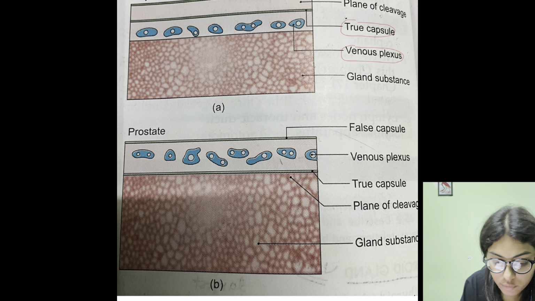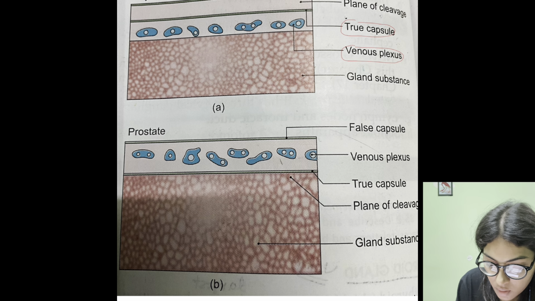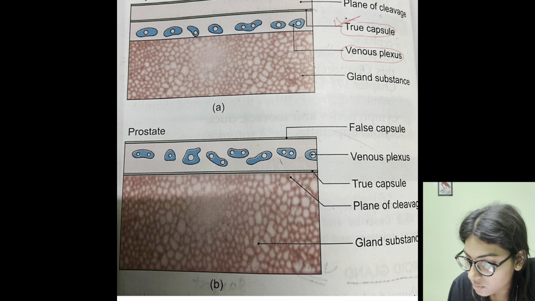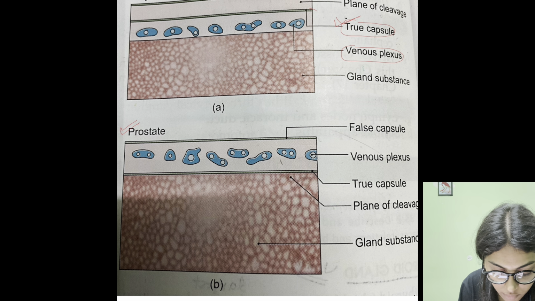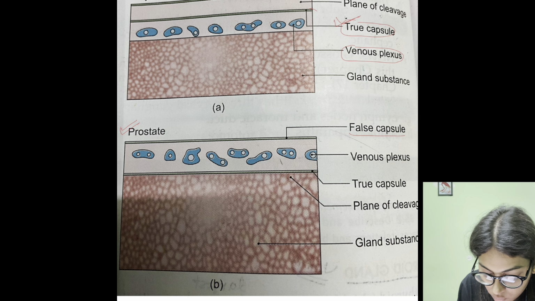So when we remove the thyroid gland, which is known as thyroidectomy, we have to remove the true capsule also, otherwise hemorrhage will happen. And in the prostate gland, during prostatectomy, we have a false capsule and a true capsule, and in between is the venous plexus.